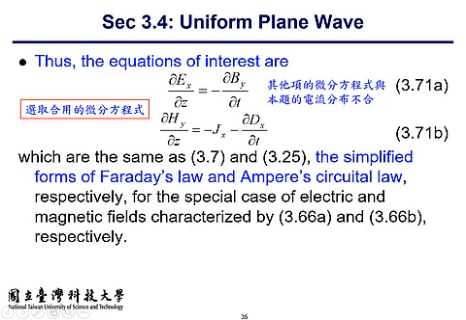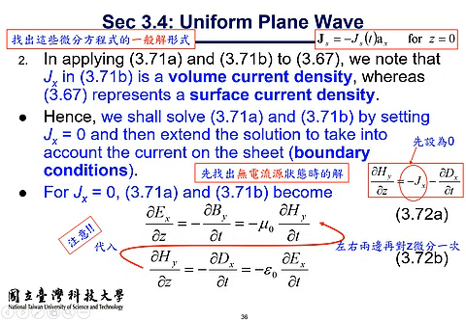And we can simply describe this relationship using equations 3.71a and b. And as I tried to demonstrate, the interaction between the two equations shall provide the source for the propagating electromagnetic wave.